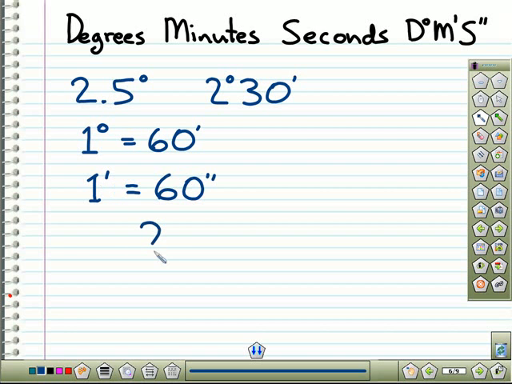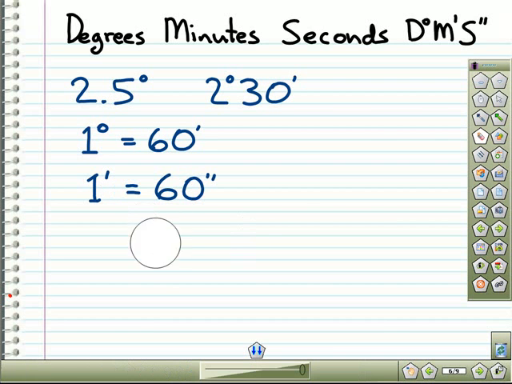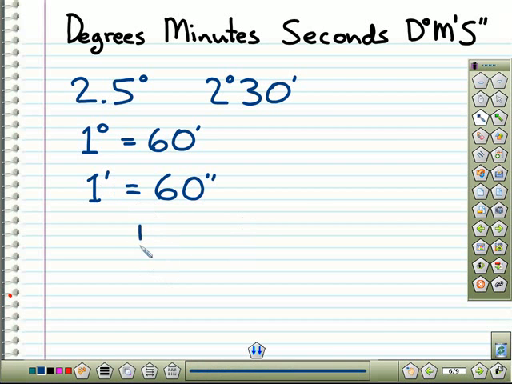We have 2 whole degrees. This is how many degrees we have. We have 2 whole ones. Now we want to find out how many minutes. For the number of minutes, we ask what fraction of a degree more are we looking for?